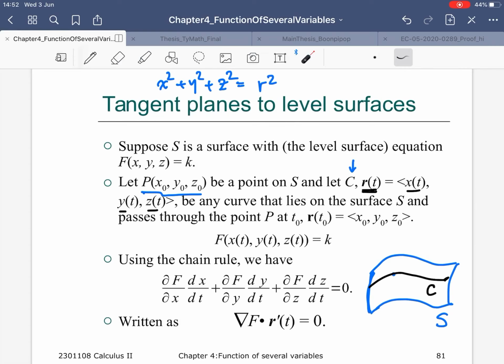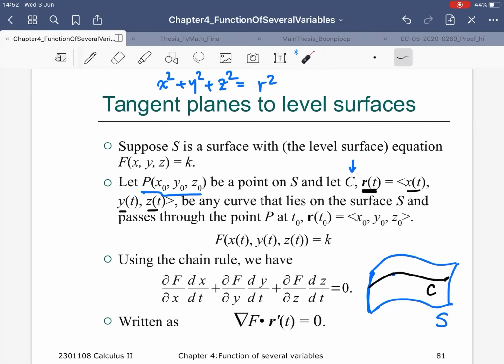So the point P can be regarded as one of the points along this curve. We'll call it r at t0, which is the vector x0, y0, z0.